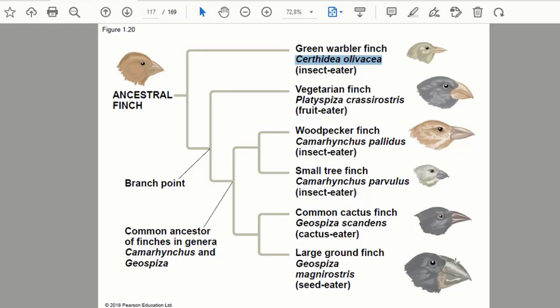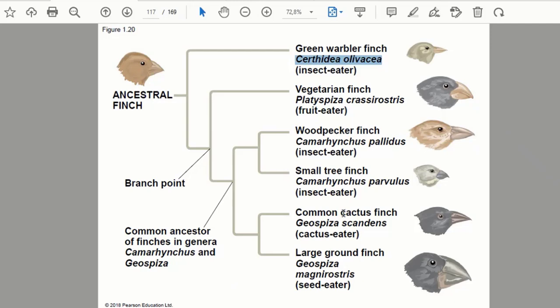And you can see by their morphology, their beak layout, that Darwin is saying organisms will develop traits that will better equip them.